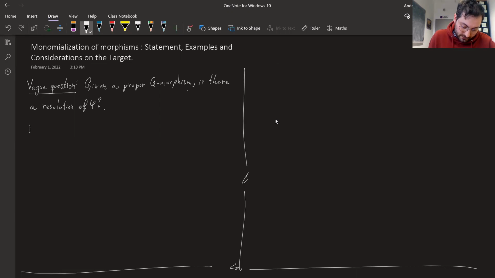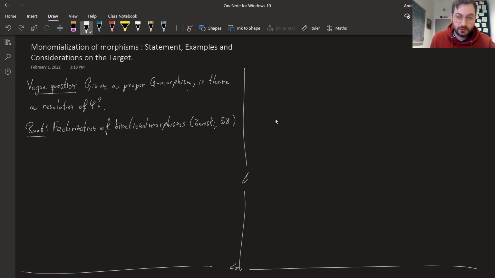And maybe the root of this question, which is a vague question for now, can go back to the problem of factorization of birational morphisms, which goes back to Zariski, in '58.